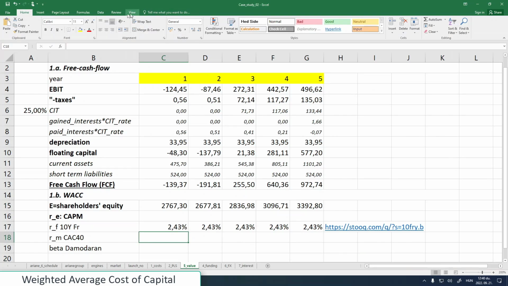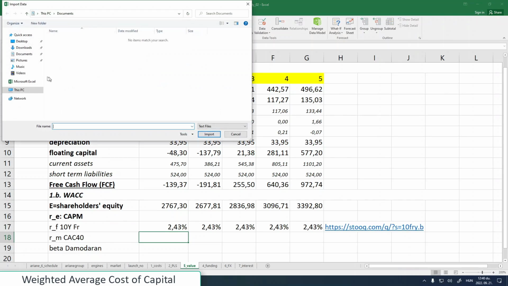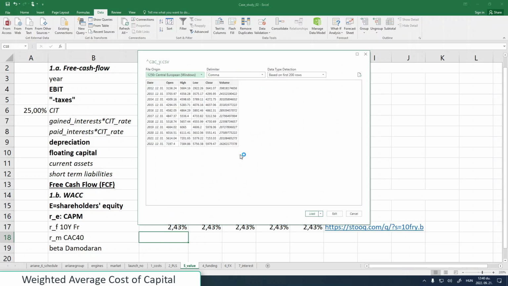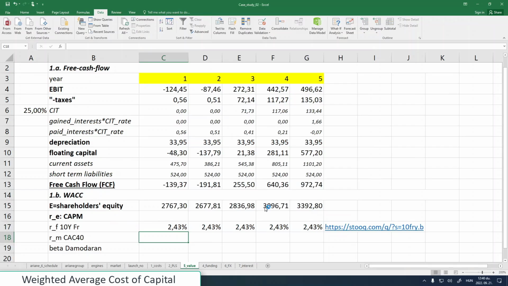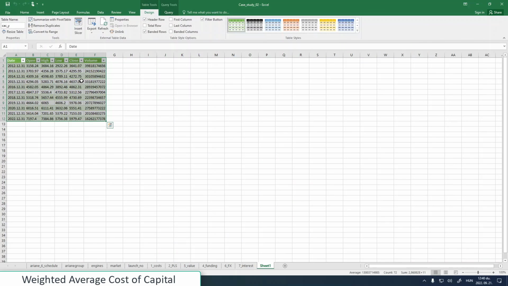And fortunately, this is a CSV file, so in data, new query from file, from CSV, we have to read it in. Why upload Excel? I don't know why, but some people prefer CSV. Load it.